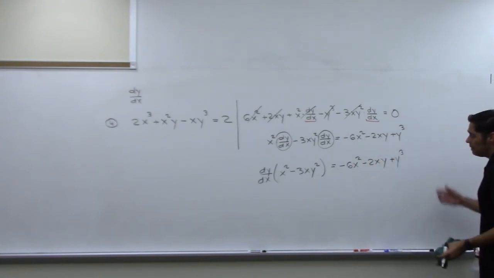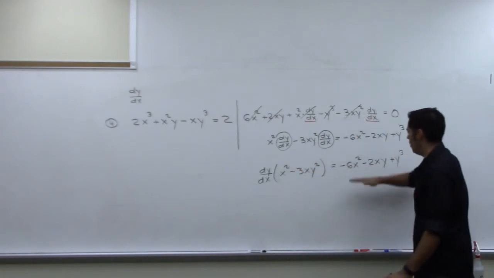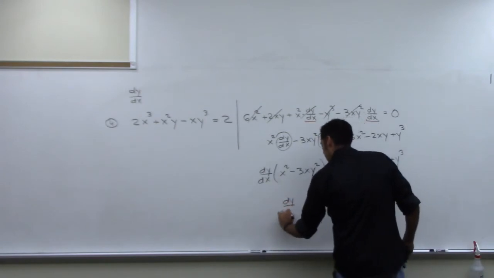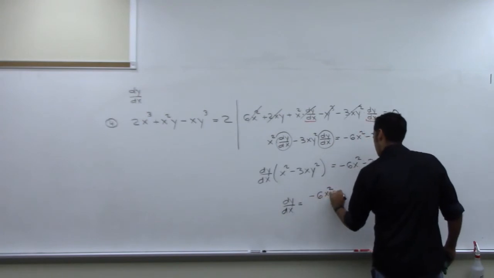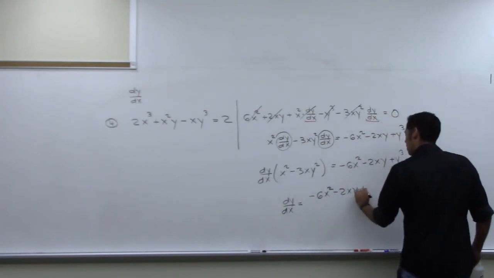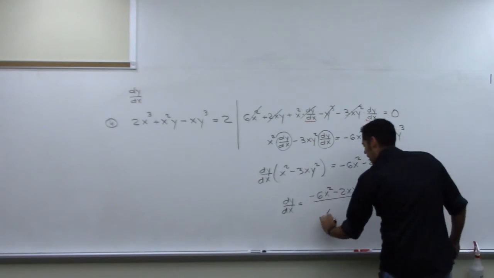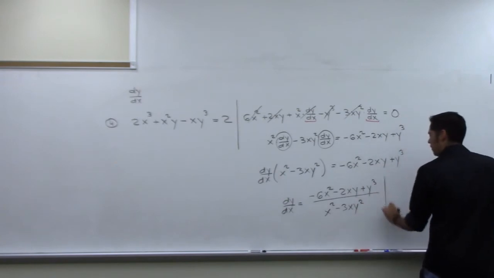And then finally, we can divide this whole thing out on this side and divide it on this side, and when I do that, I'll get dy/dx equals negative 6x squared minus 2xy plus y cubed all over what we divided out, x squared minus 3xy squared. There it is.